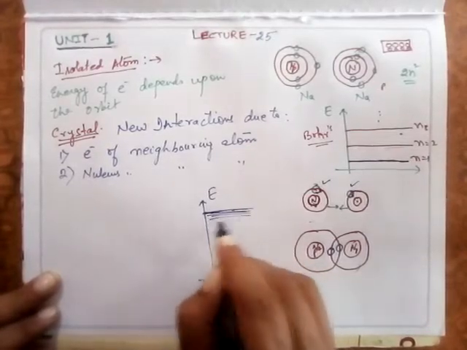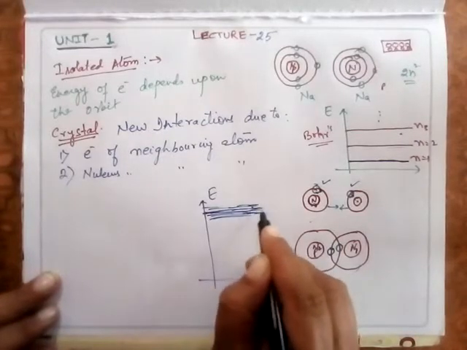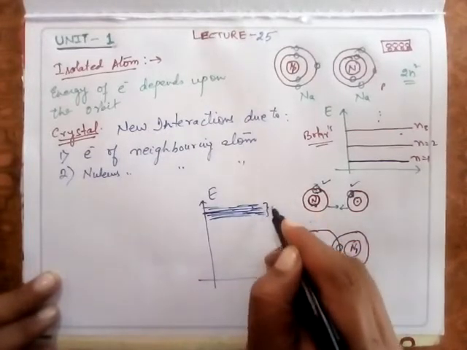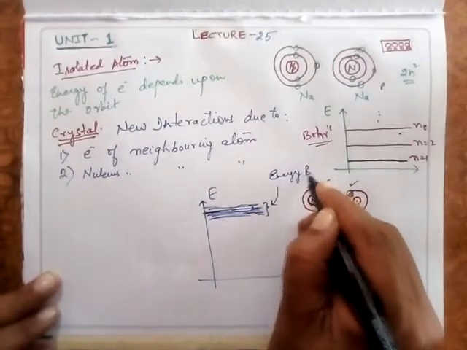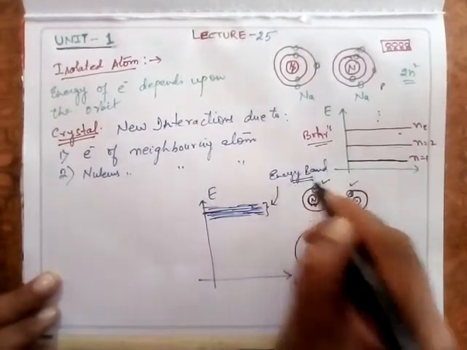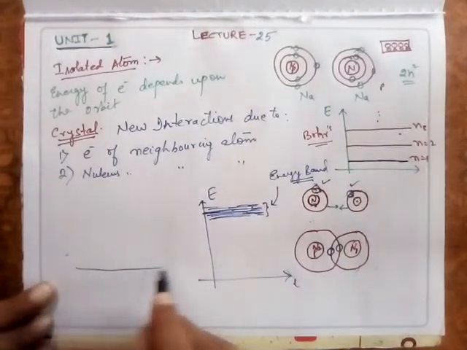All the electrons will have different energies, and instead of calling it an energy level, we call this an energy band. Remember that.